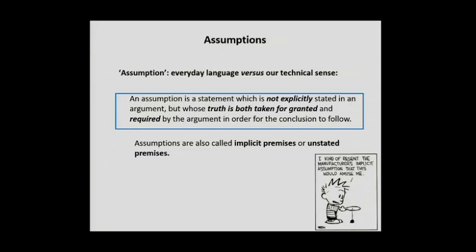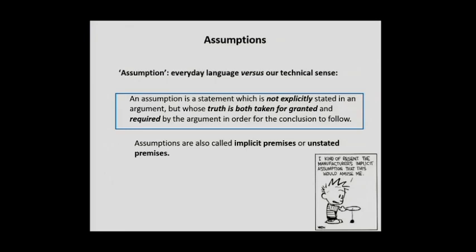And one thing that you can immediately see here is that there is often a little bit of wiggle room as to what implicit assumption is being made, right? And what you can see, actually implicit in this definition, is that you should strive to be somewhat charitable when reconstructing assumptions, right?